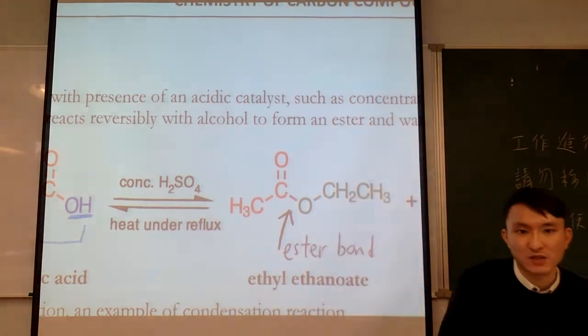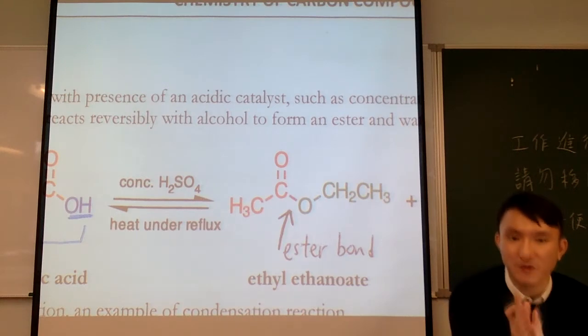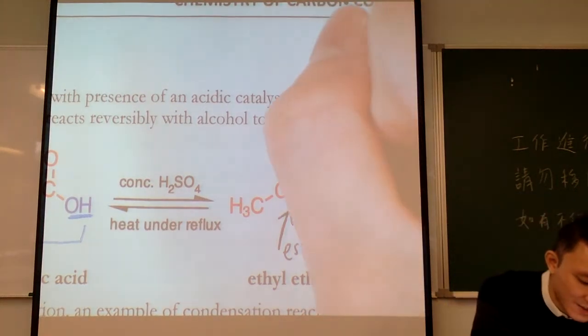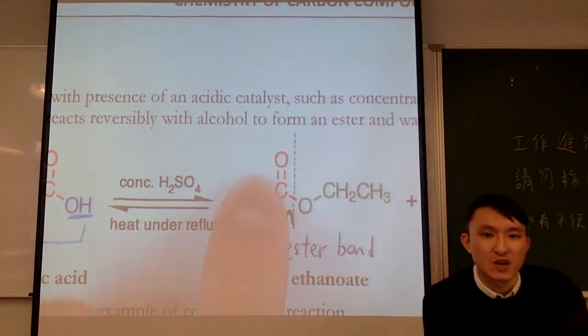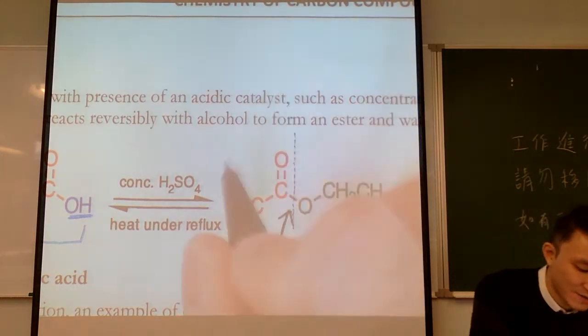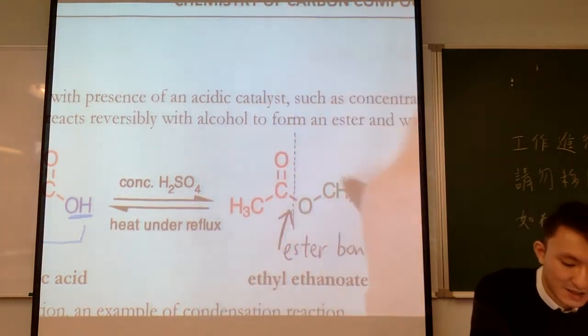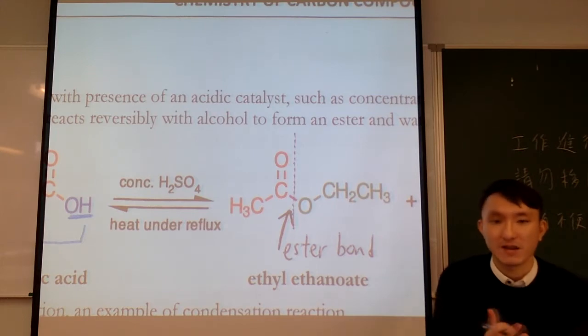And it is very important to know where the ester bond is, because if you are able to locate it, basically it tells you what the carboxylic acid looks like and what the alcohol looks like, right? This one is coming from the carboxylic acid, this one coming from the alcohol. So that's why you need to know where the ester bond is.